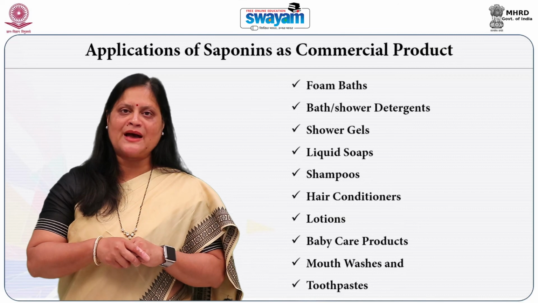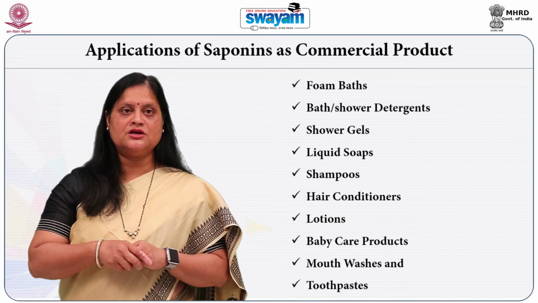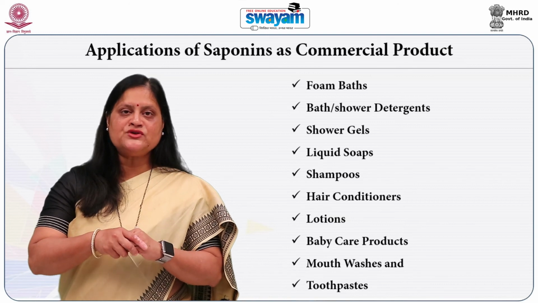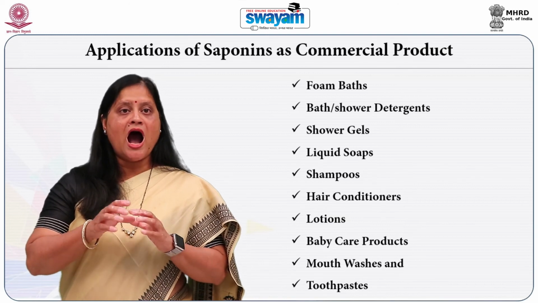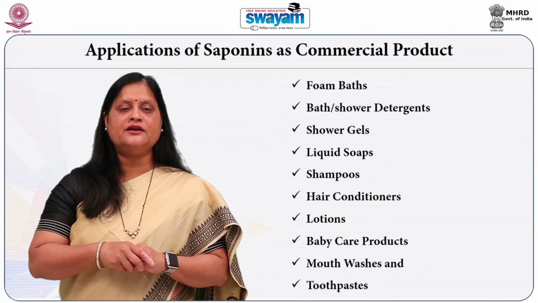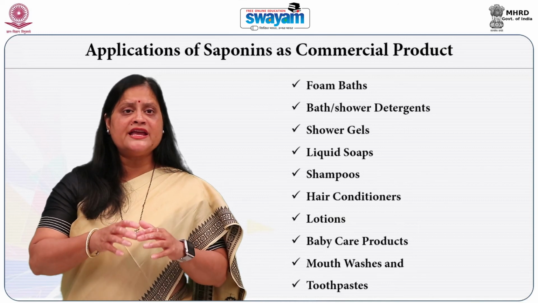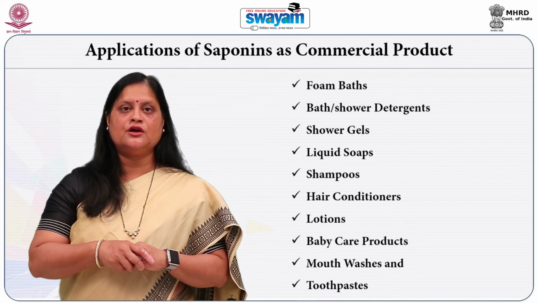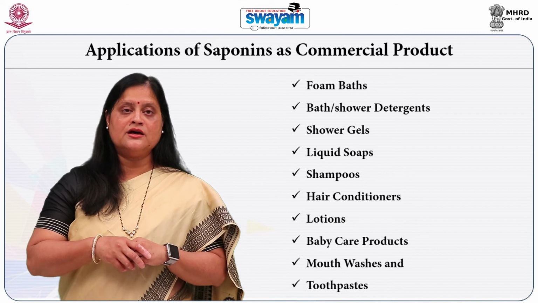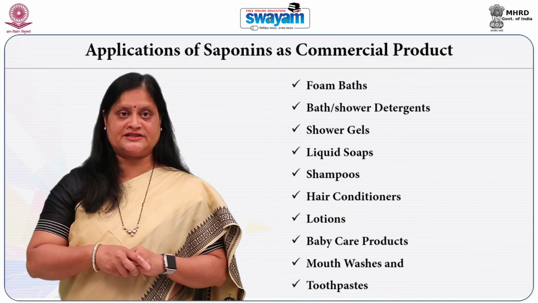Horse chestnut saponins have been applied in cosmetic preparations. Saponins and sapogenins are also formulated as bioactive ingredients in the cosmetic market with the claims to delay the aging process of skin. Quillaja triterpenoid saponins prevent acne and sebum manifestation.